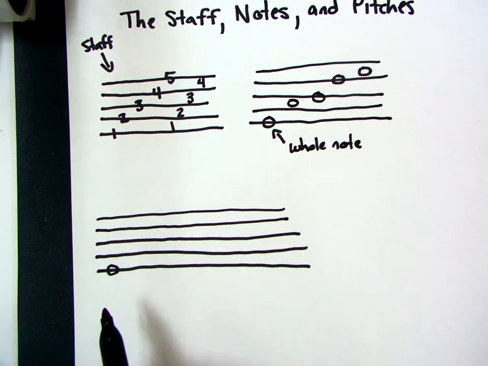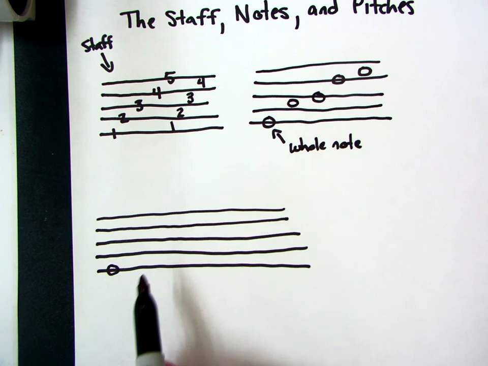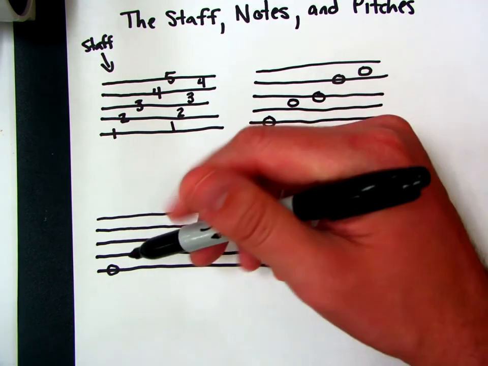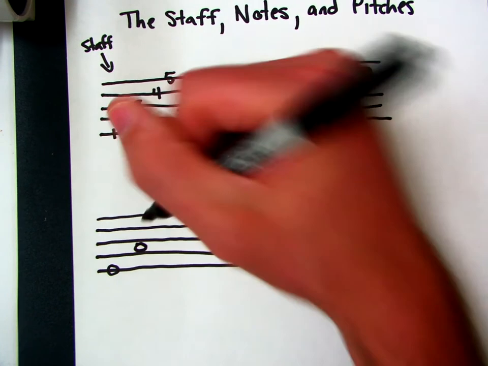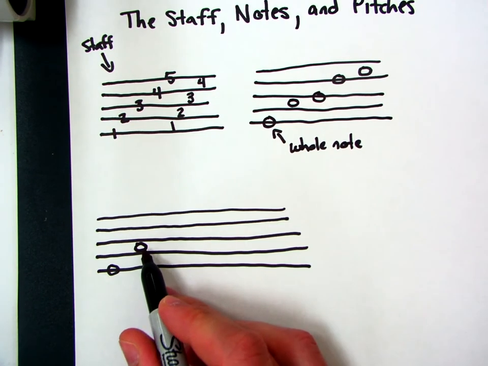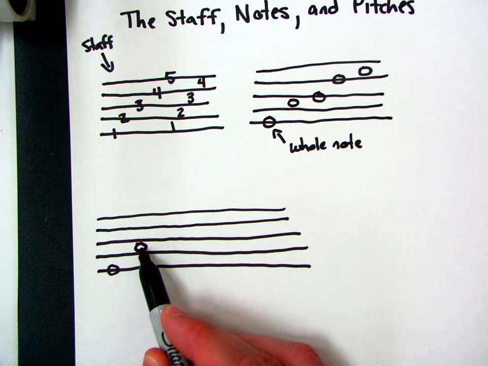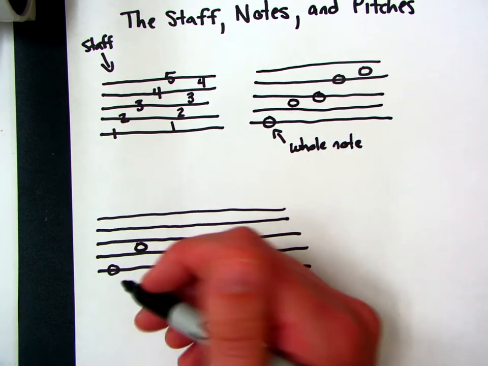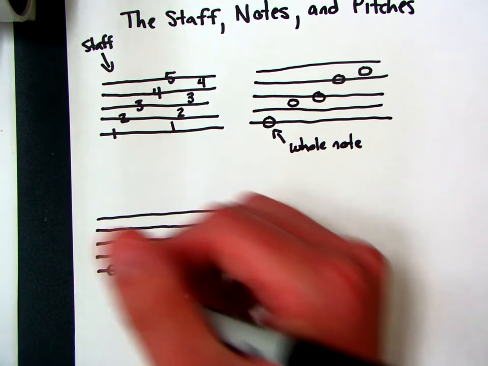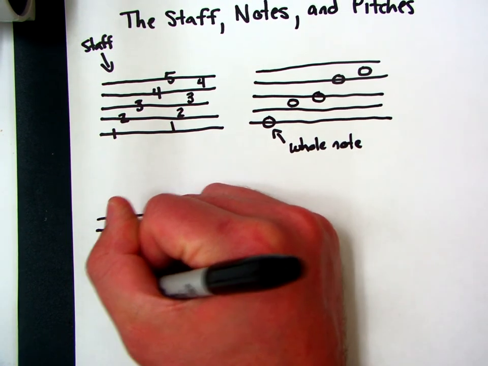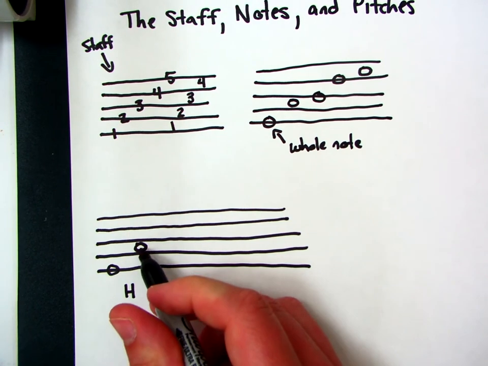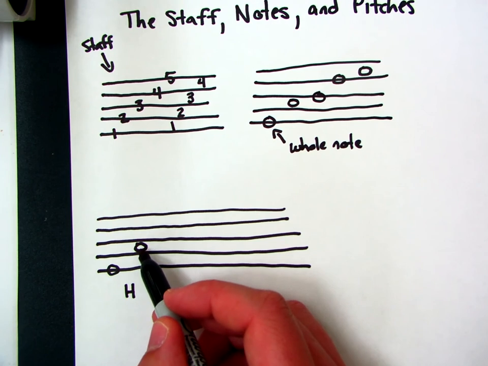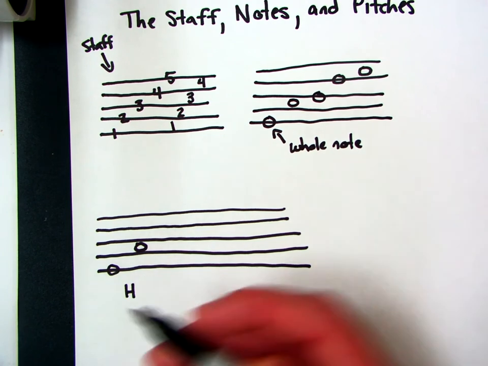Now, what we do need to understand is that as we move higher on the staff, and remember, this is called a staff, these 5 lines and 4 spaces, as we move higher on the staff, the pitch sounds higher. So that means this pitch right here sounds higher than this pitch, right? So if we were just labeling it and we need to know if it's higher or lower, we might put an H to represent that this second note, because the note is representing the pitch, is higher than this first one.